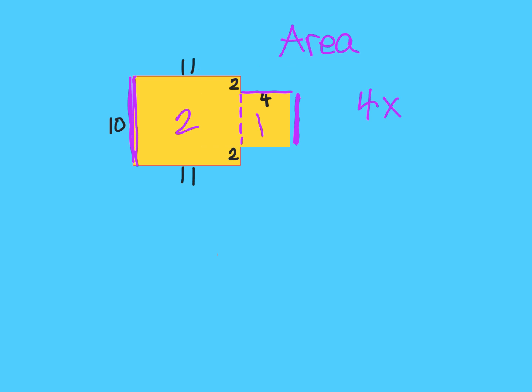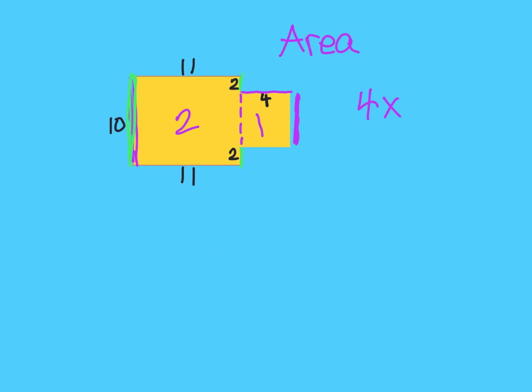We are given, however, let me get a different color here just so you could see the difference. We are given these dimensions right here as being 2 units, 2 units. So if we have the whole side as 10 units, but then this little section is 2 and this little section is 2, we would have to subtract that from this whole line.